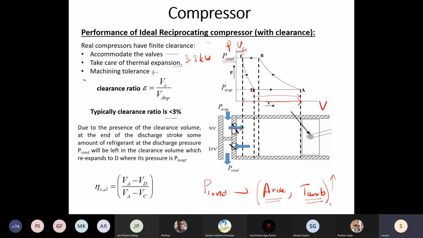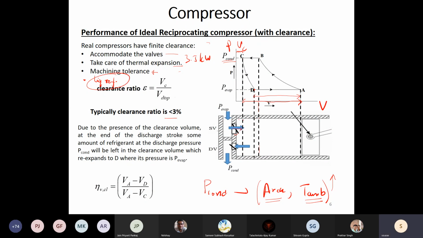Many times the compressor manufacturer takes into account some amount of liquid refrigerant tolerance inside the compressor. They'll allow a small amount of liquid refrigerant entering, and with that small amount the compressor will not break down.